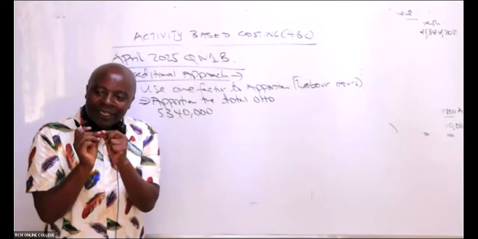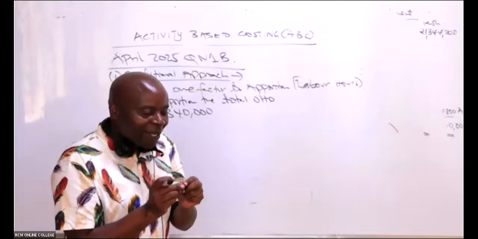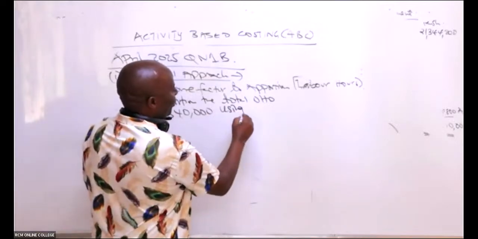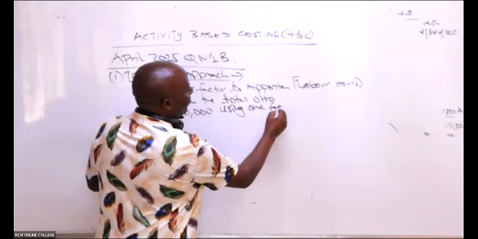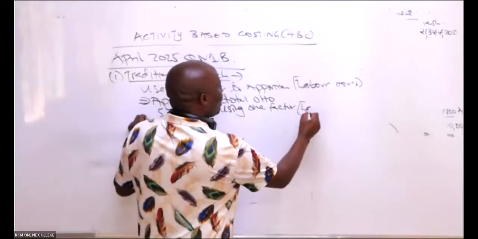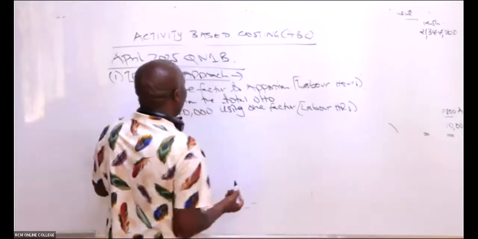They want us to apportion the total overhead using what here, somebody? Using just one factor. I'm just repeating this for you to understand this better. Using one factor, which is the labor hours.